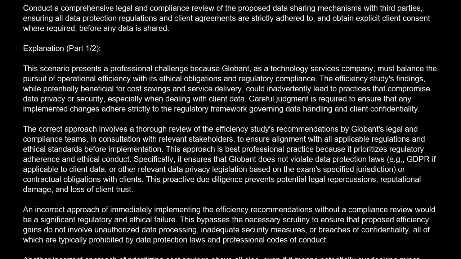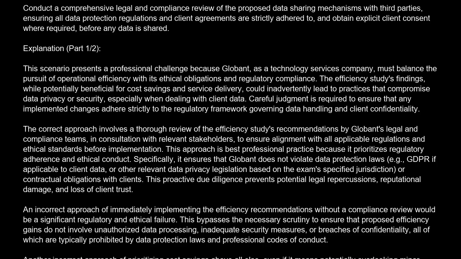The efficiency study's findings, while potentially beneficial for cost savings and service delivery, could inadvertently lead to practices that compromise data privacy or security, especially when dealing with client data. Careful judgment is required to ensure that any implemented changes adhere strictly to the regulatory framework governing data handling and client confidentiality.